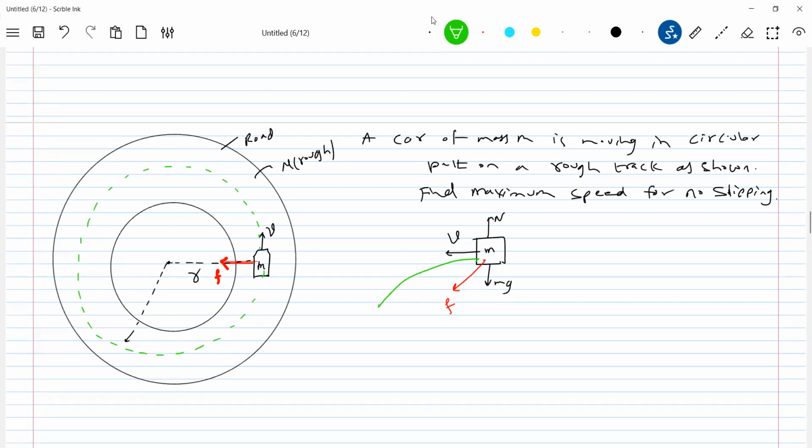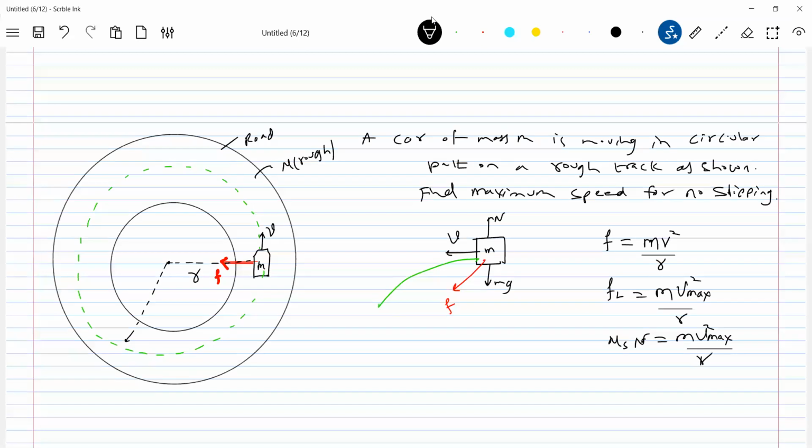So now the friction will provide the required centripetal force. So F equal to mv square by r. Now I'll keep on increasing the speed. The friction will also increase, the static friction. What is the upper limit? Maximum permitted is this one, m v max square by r, which is equal to mu s N, that is mu s mg.